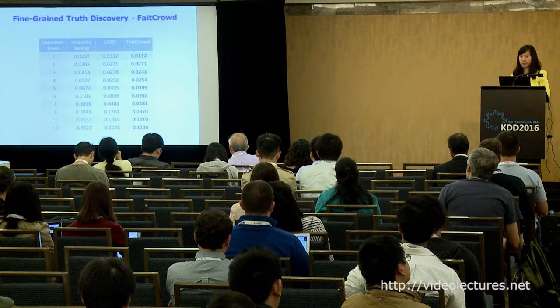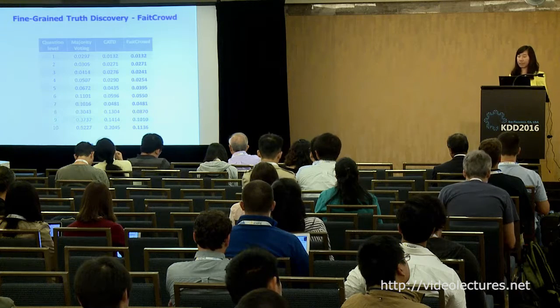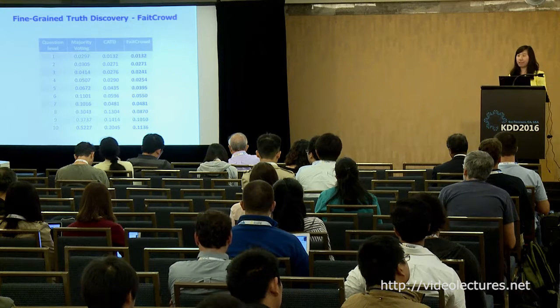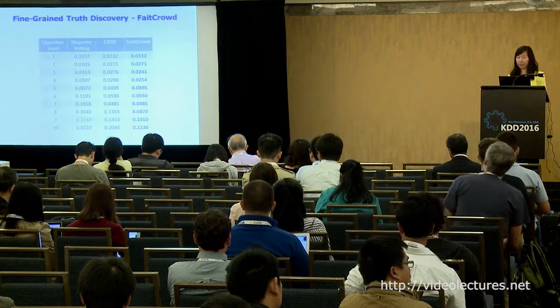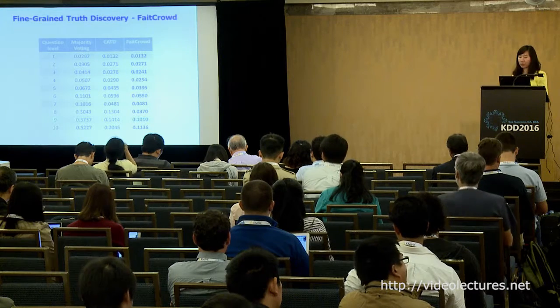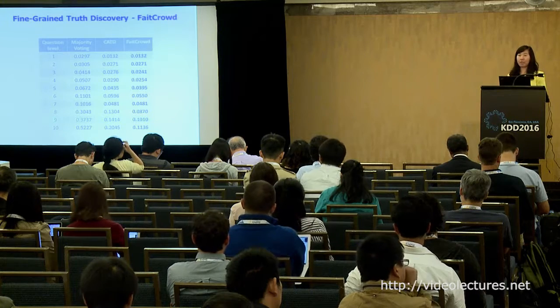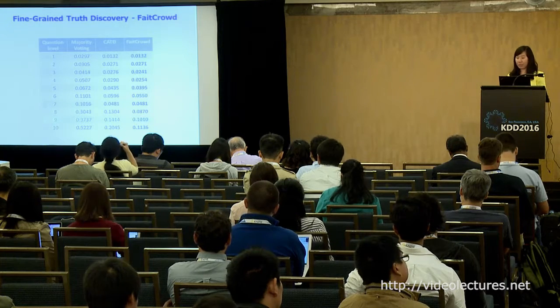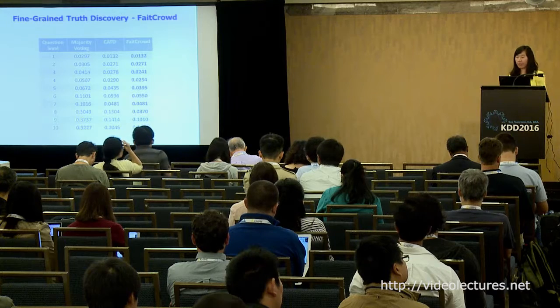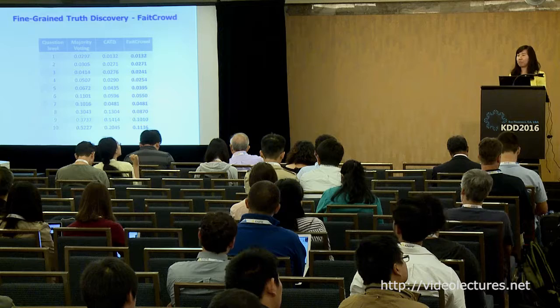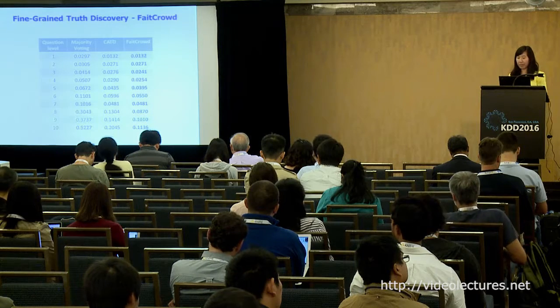We can see that by incorporating topic-level expertise, we can further improve the performance of aggregation. For the most difficult question level, our accuracy can be improved further to around 90%. This table shows the error rate, so the lower the better, but we can convert it to accuracy.